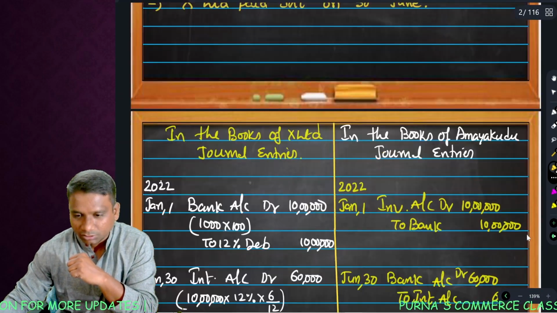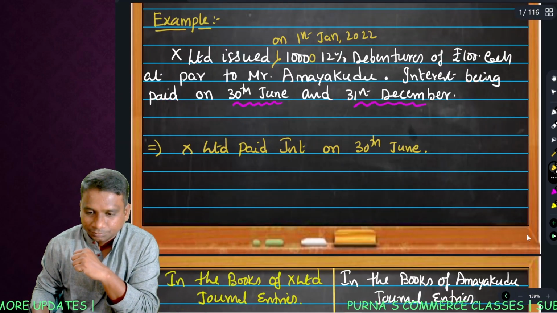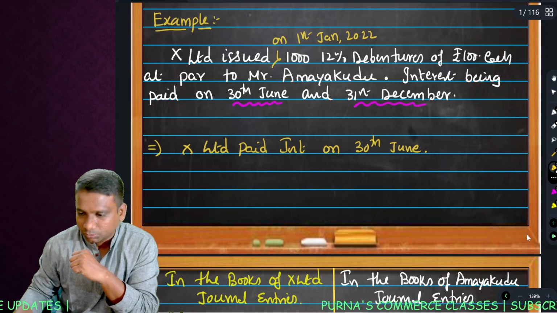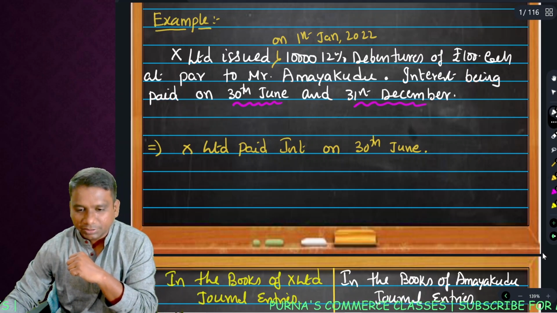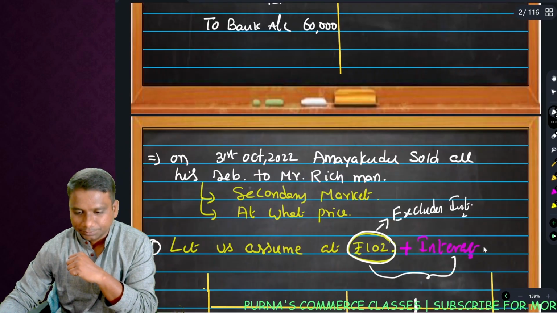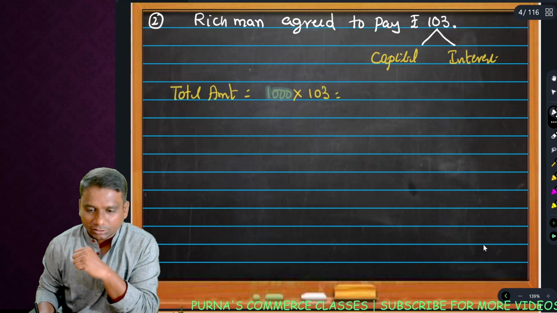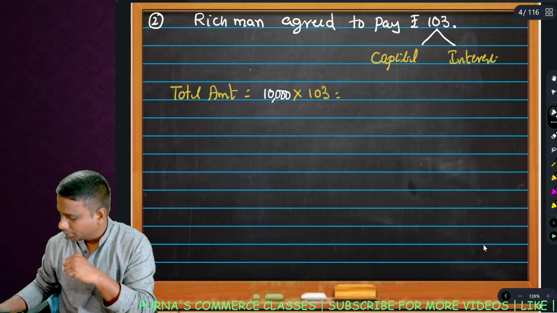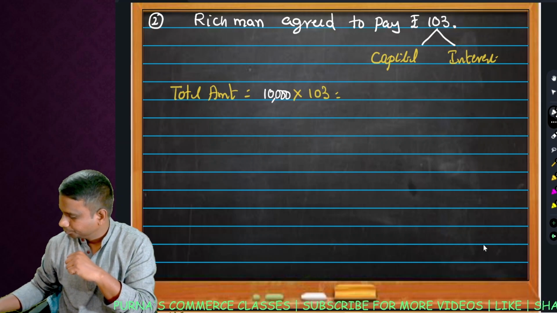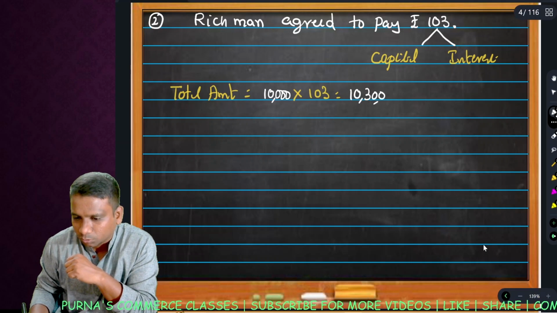Okay, instead of changing here, we'll change 10,000 debentures. 10,000 debentures into 103. So it comes 10 lakh 30,000.